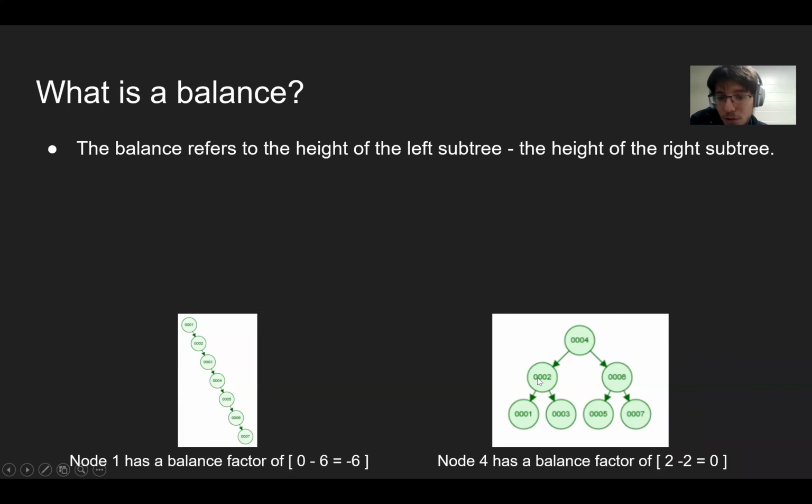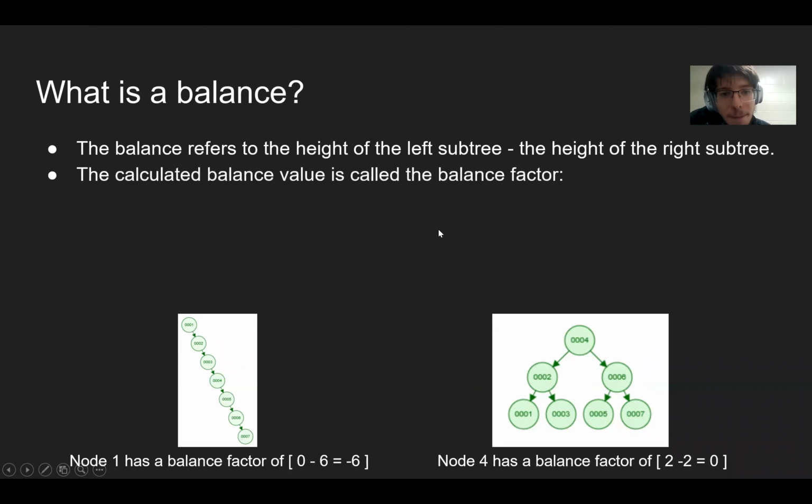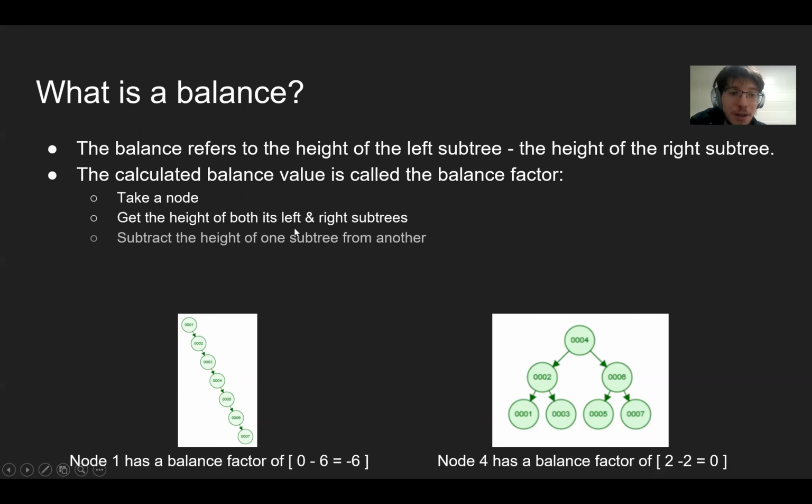So 0, 0, 0, 2 also has balance factor 0 because it's 1 minus 1. And 0, 0, 0, 6 has 1 minus 1 as well. So also 0. The balance factor is called the balance factor. I know, shocking. So you take a node, get the height of both its left and right subtrees, and subtract the height of one subtree from the other.